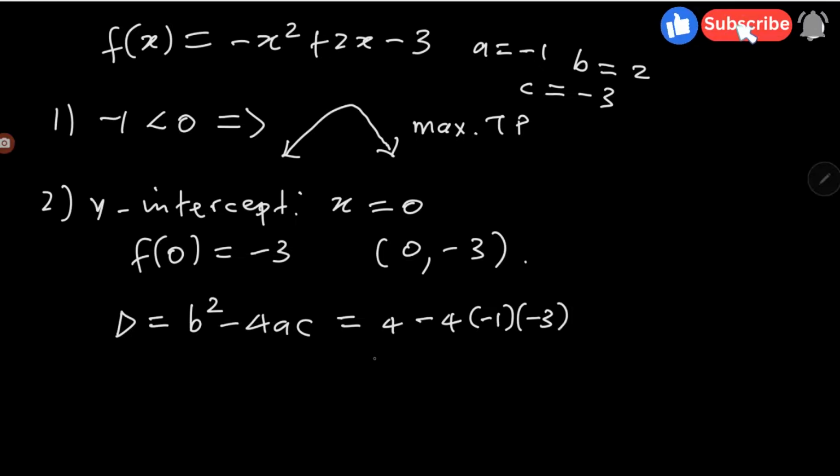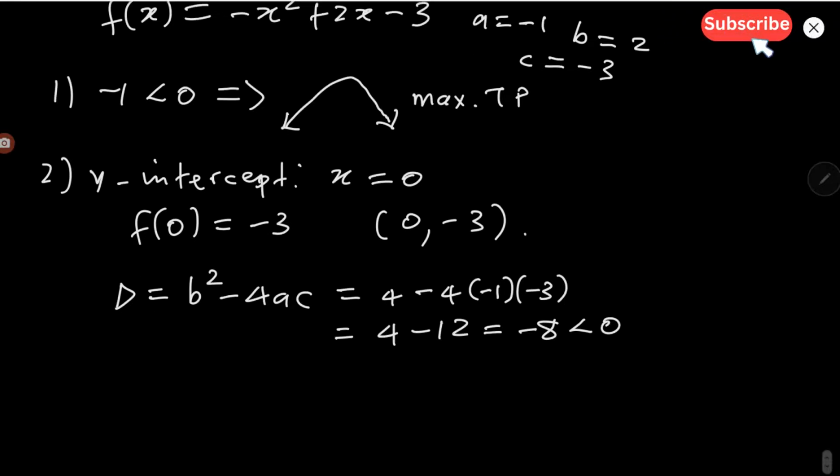So we'll have this as equal to 4 minus, since this is positive, and we'll have a 12, since 4 times 3 is 12. And this is going to be equal to minus 8, which is less than 0, as we've seen in this case. So in this particular scenario, our roots are not on the x-axis, they are imaginary. So the graph won't cross the x-axis, it will rather hang in either half of the xy plane, which is what we are going to see.